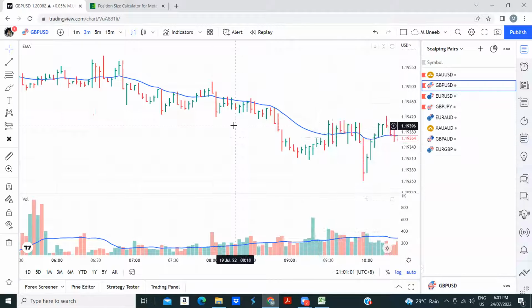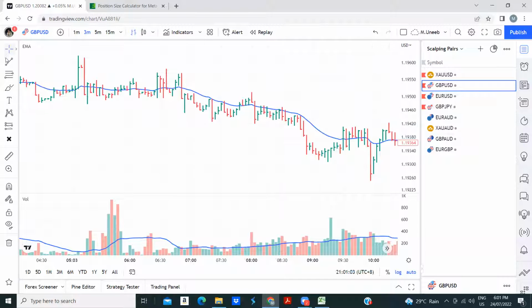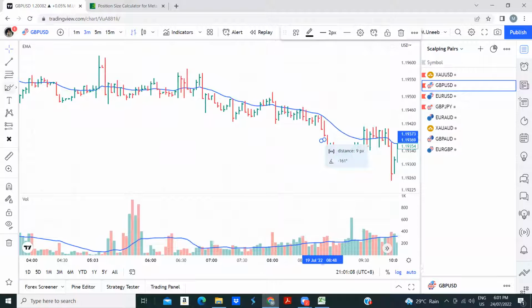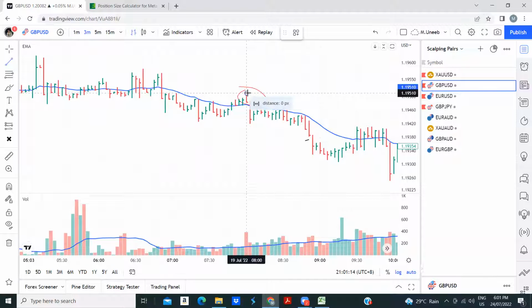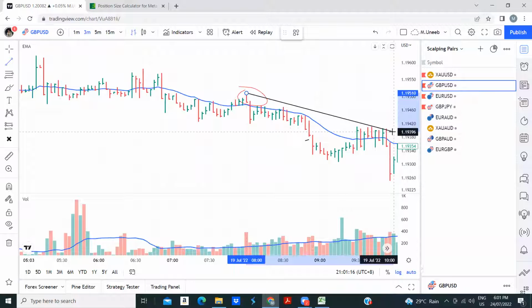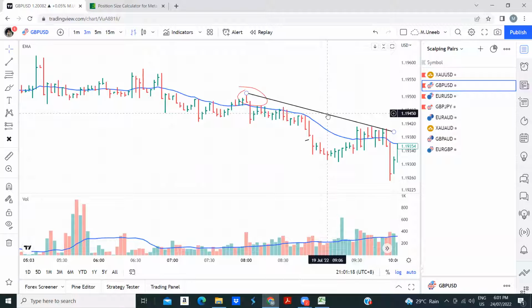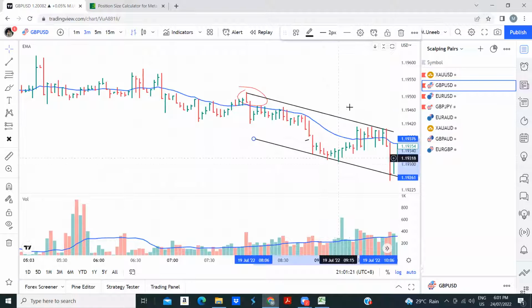Now you see here, this one here. If you draw the channel from here, this point will actually disturb the channel. For example, if you draw from here to here, this point will disturb the channel. So you have to readjust your channel from here to here, the second time. And when you readjust, you can easily see what?